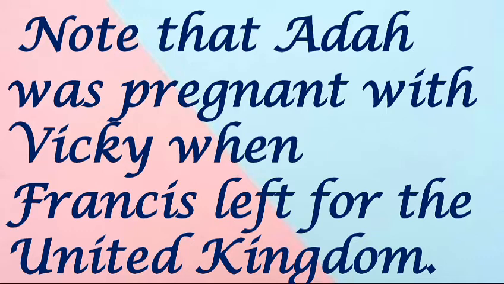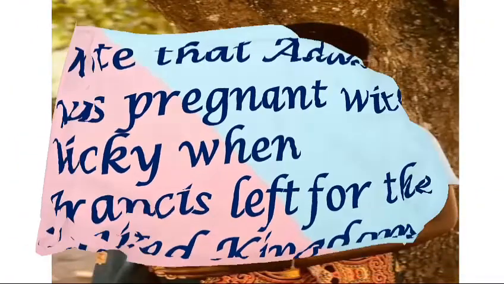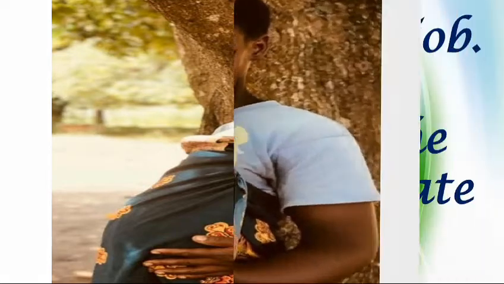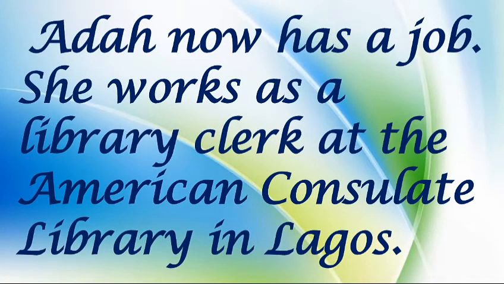Note that Ada was pregnant with Vicky when Francis left for the United Kingdom. This is pregnant Ada with a second child, Victor. She got a job. She works as a library clerk at the American Consulate Library in Lagos.